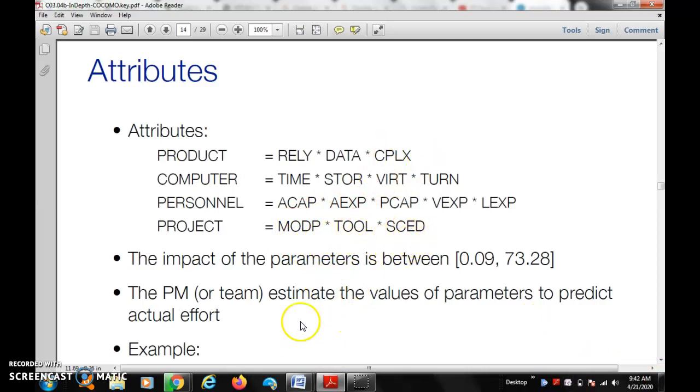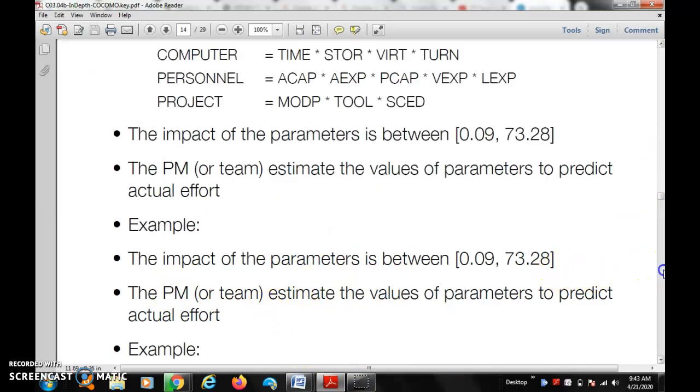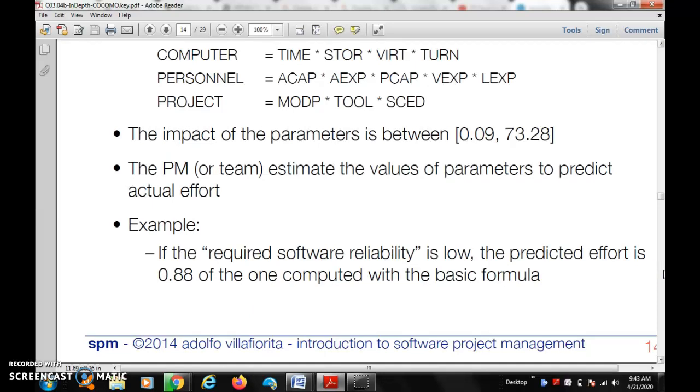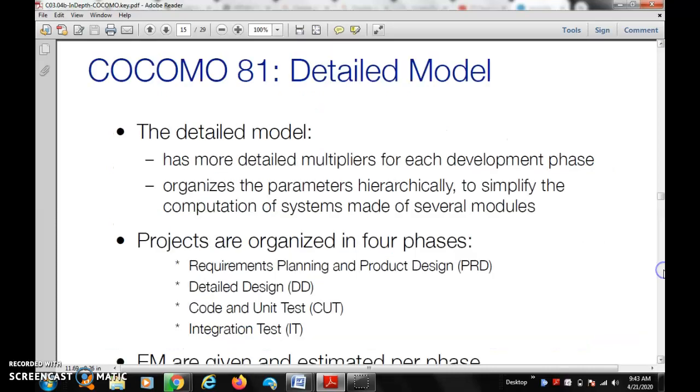So the impact of the parameter is between 0.9 and 1.4. So here the project manager estimates the parameter values to predict the actual effort. For example, here the required software reliability is low and the predicted effort is 0.8 of the one computed with the basic formula. So here is the COCOMO 81 detailed model.